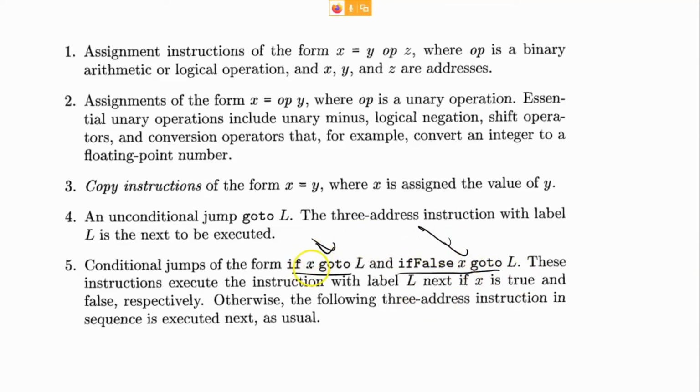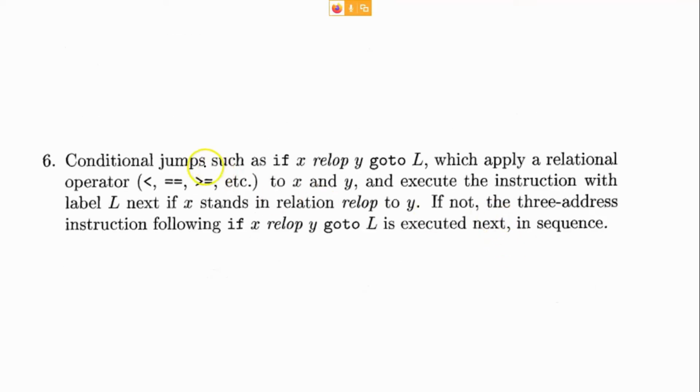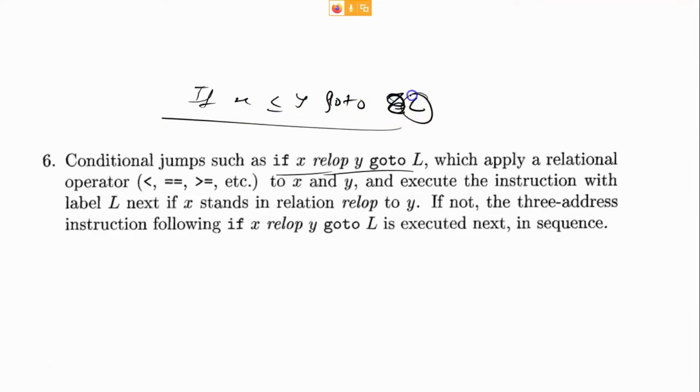Basically, if X is true, then you will directly go to the instruction that has the label L. Similarly, if X is false, then you will directly go to the statement which has the label L. So as I told you, "if X less than equal to Y go to Z", and "go to L" with some label, these types of instructions are also 3 address code.